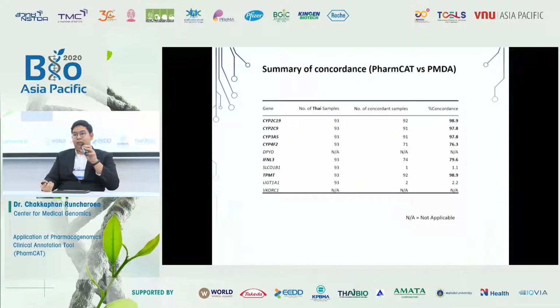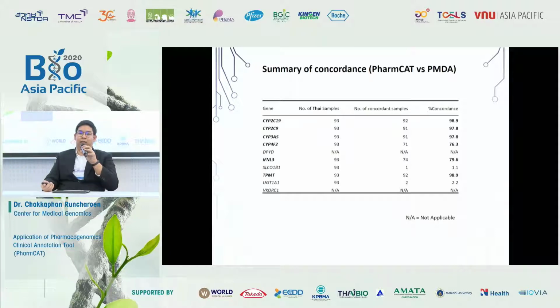The previous one is from the publication, and I also created data from Thai samples, testing star allele calling and comparing PharmCAT with the Axiom Precision Medicine Diversity Array. The percent concordance is quite the same as the previous one.